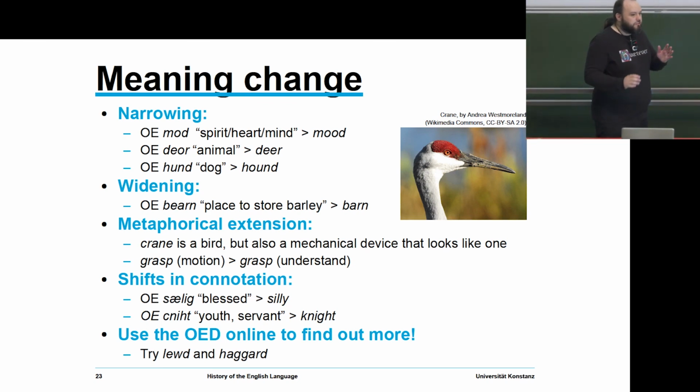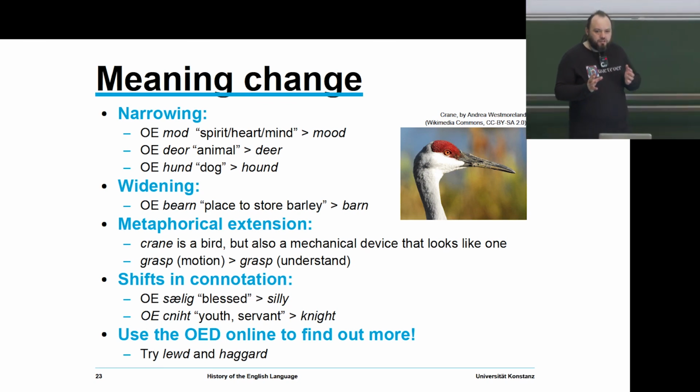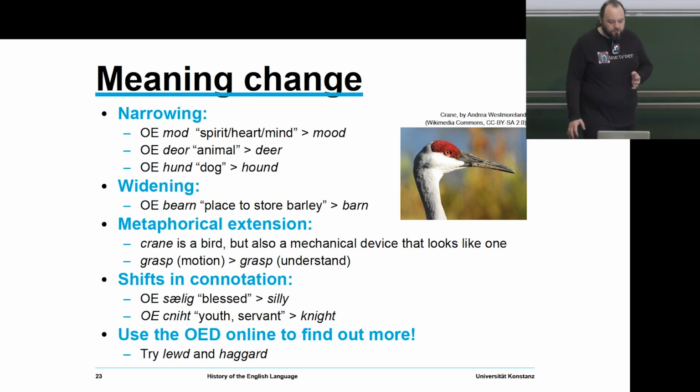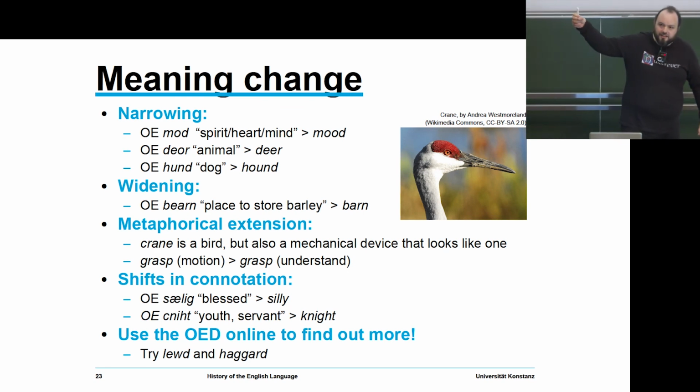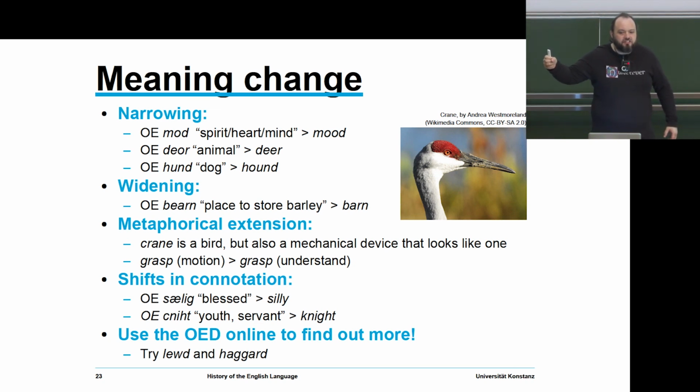You have more specific metaphors sometimes that are slightly more nuanced. So to grasp something, traditionally to grasp something would be to physically grab it. So I can grasp my little clicker. But you can also grasp something in a metaphorical sense insofar as you reach out with your mind and understand it.